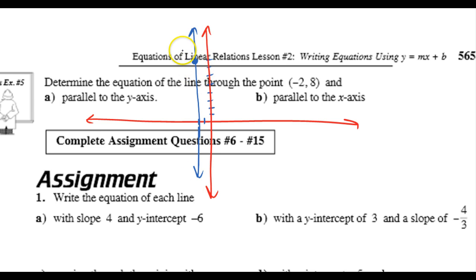Well, the equation is going to be x equals whatever the coordinate is that the line goes through, which is -2. In this case, parallel to the x-axis, well, if it goes through this point, it's going to be a horizontal line because that's parallel to the x-axis. And then it's going to be y equals 8 because it goes through all coordinates of 8.